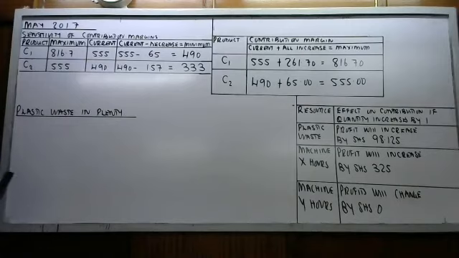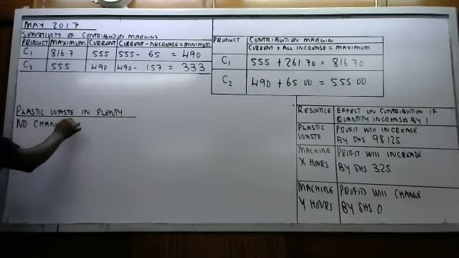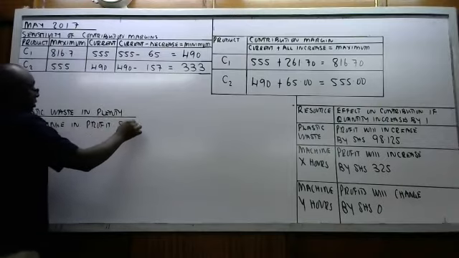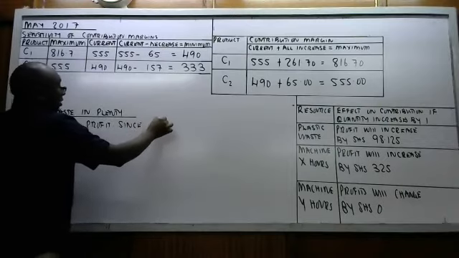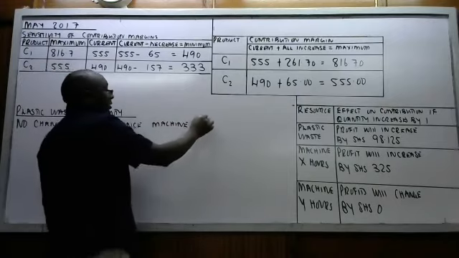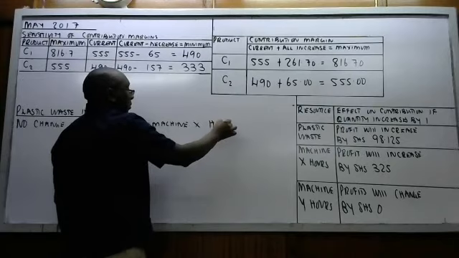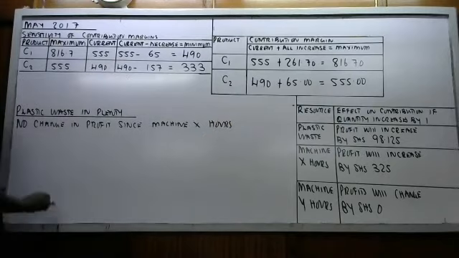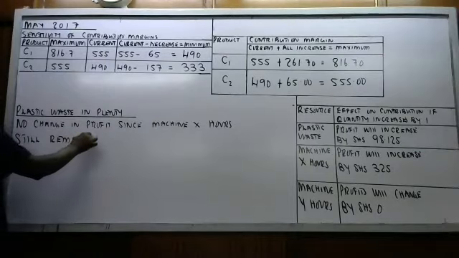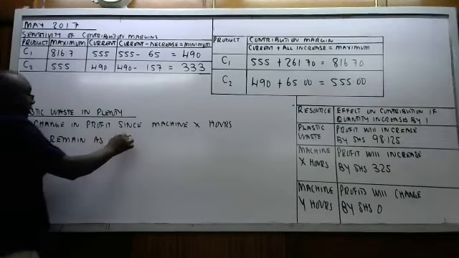If it is in printing, there will be no change in profits, since machine X hours still remain as a constraint.